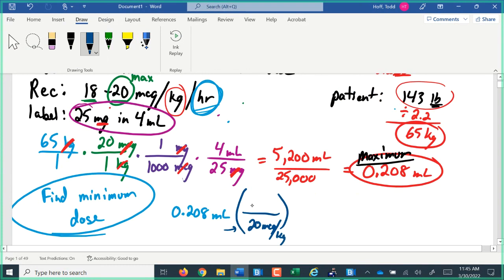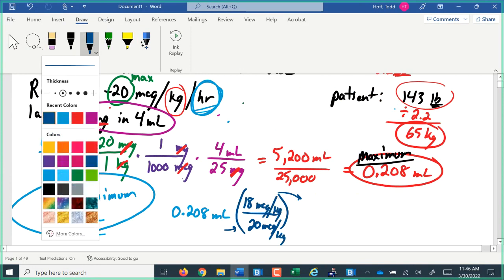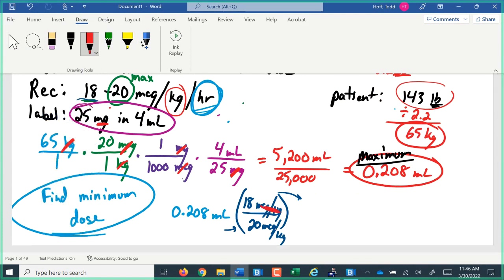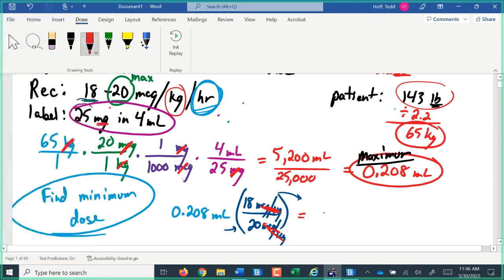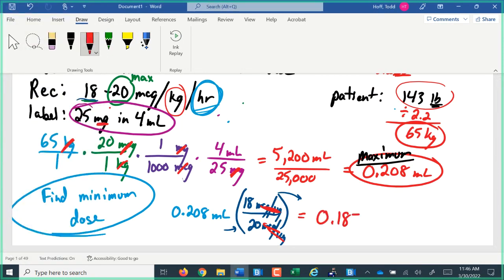And what will go on top is what we want the new number to represent. That's going to be the minimum amount, the 18 micrograms per kilogram. And of course, as always, the units in this ratio should cancel out. So we have 0.208 times 18 divided by 20. That gives us 0.187. We'll round it to 0.187 milliliters.